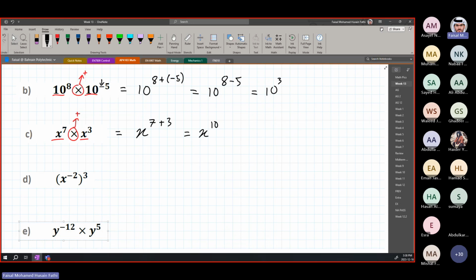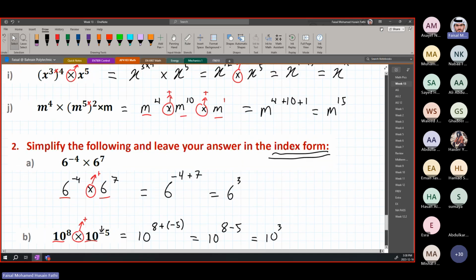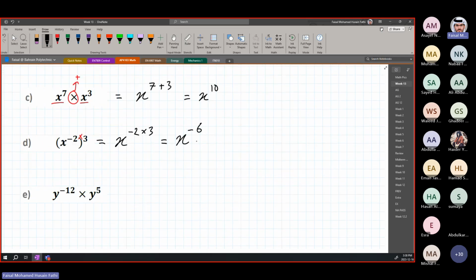Again, this is because it is brackets, power to the power. This becomes multiplication. So this is equal to x to the power of minus 2 times 3, minus 2 times 3. That is equal to x to the power of minus 6. Another way, but you shouldn't write it because in this case, it's calling for the index form, you can write this as 1 over x to the power of 6.